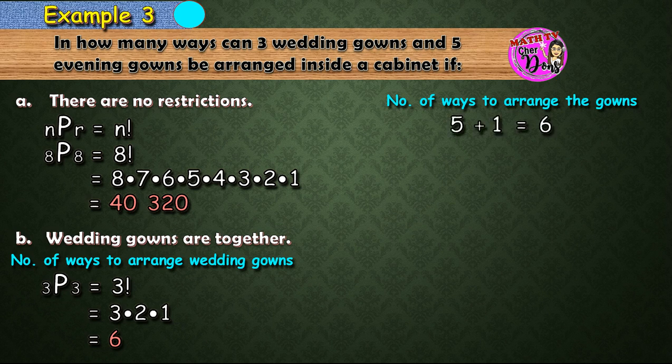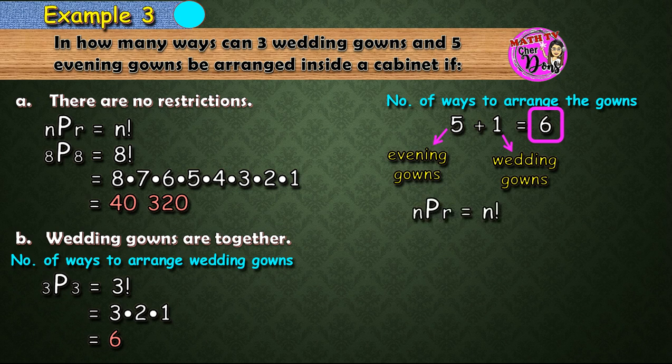So we have 5 plus 1. 5 is the number of evening gowns, plus 1 for the wedding gowns, counted as 1 because they must be together. So we have 6. Permutation of n objects taken r at a time is equal to n factorial. Plug in the value, we have permutation of 6 objects taken 6 at a time is equal to 6 factorial. Simplifying it, we have 6 times 5 times 4 times 3 times 2 times 1. It is equal to 720.